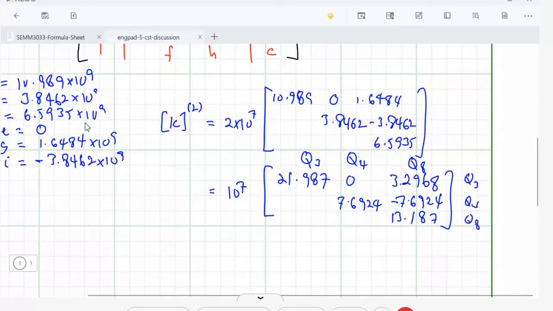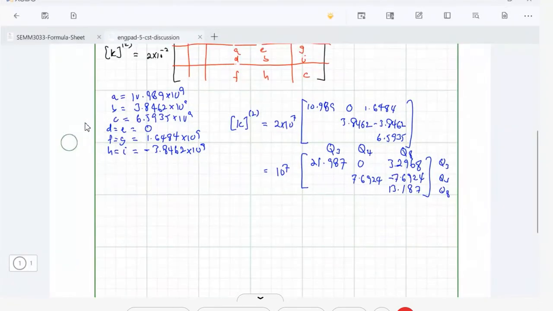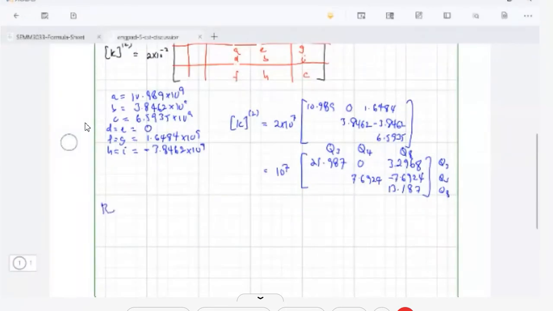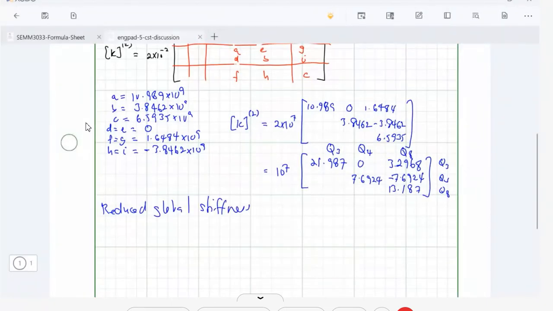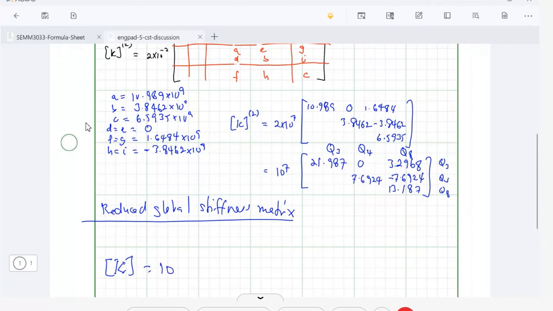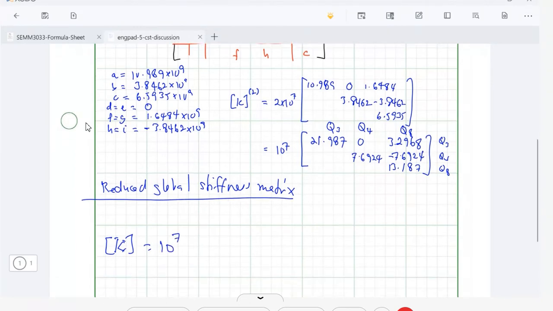Why do we need this? Because we need to assemble. So what we have here is our reduced global stiffness matrix, that's our capital K here. Note that 10 to the power of 7 is common for both element 1 and element 2.